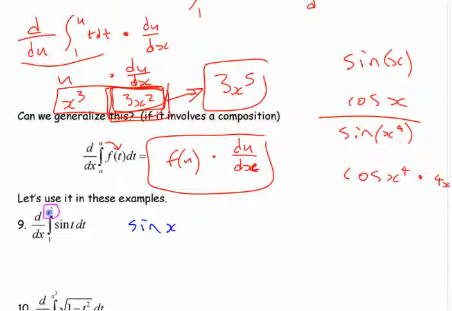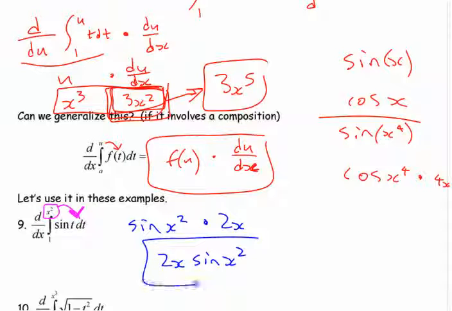So let's pretend it's just that, and it's sine of x squared, but now we have to times by the derivative, right? You just put this in, because that's what the fundamental theorem of calculus says. The derivative of the integral of something is just that function itself, but since it's not just a variable, it is a function, it's the inside function we need times 2x. Or if you like to write it in the order it probably is written in the answer key, it's going to look like that.